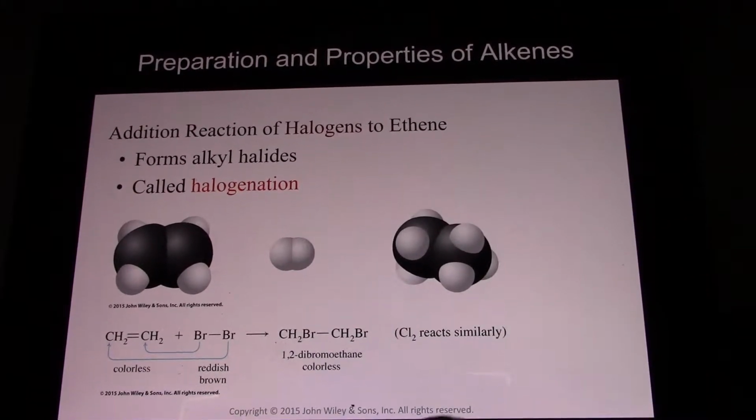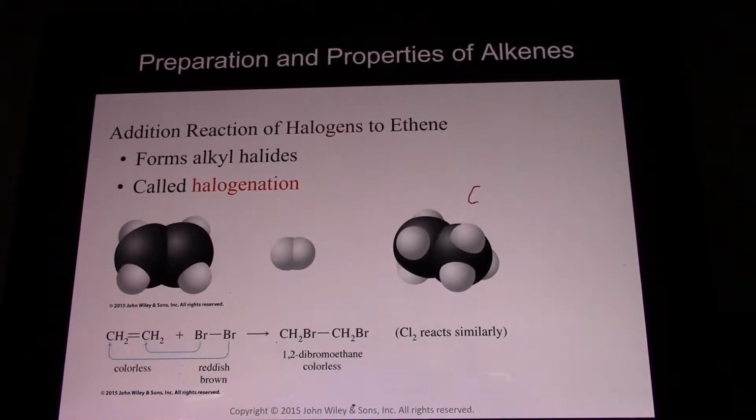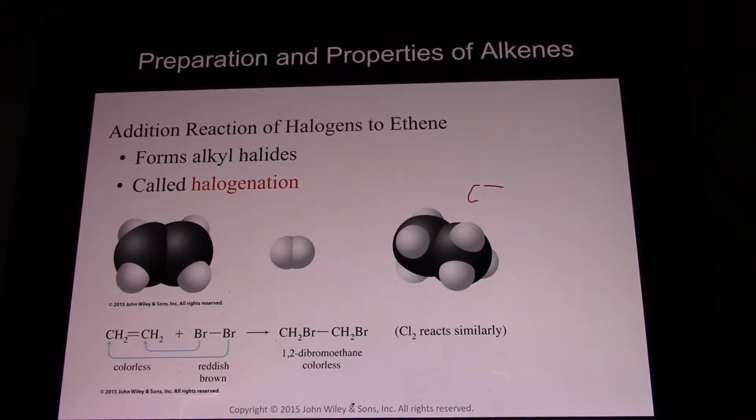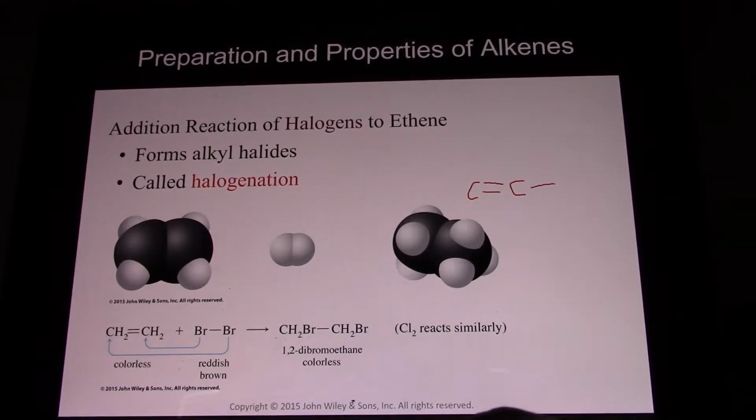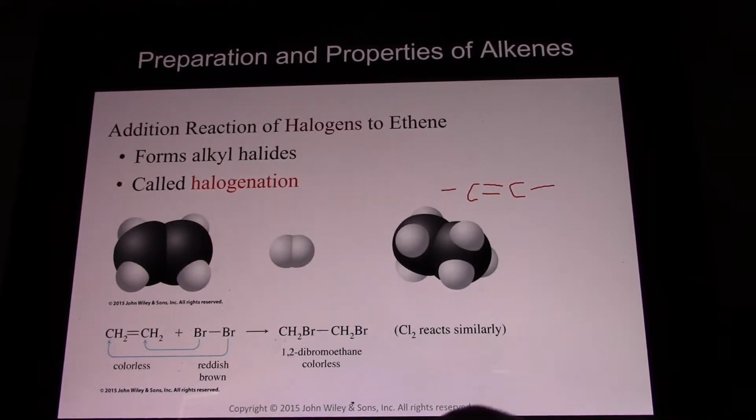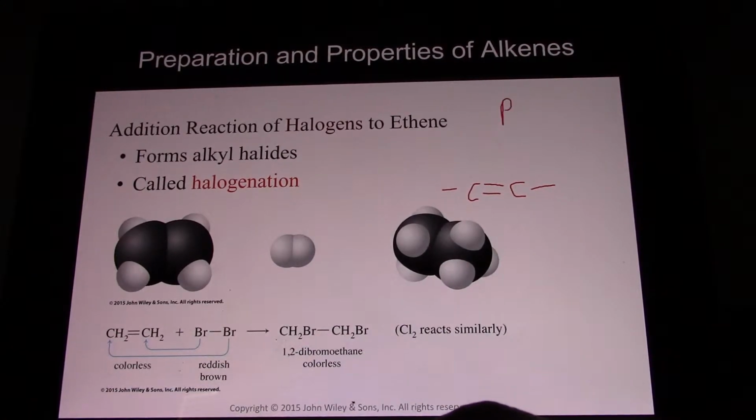Addition reactions of halogens. And here, this is an interesting mechanism because the double bond will attack the halogen. So let's say I have bromine, but it could be chlorine or iodine, it doesn't matter which one.